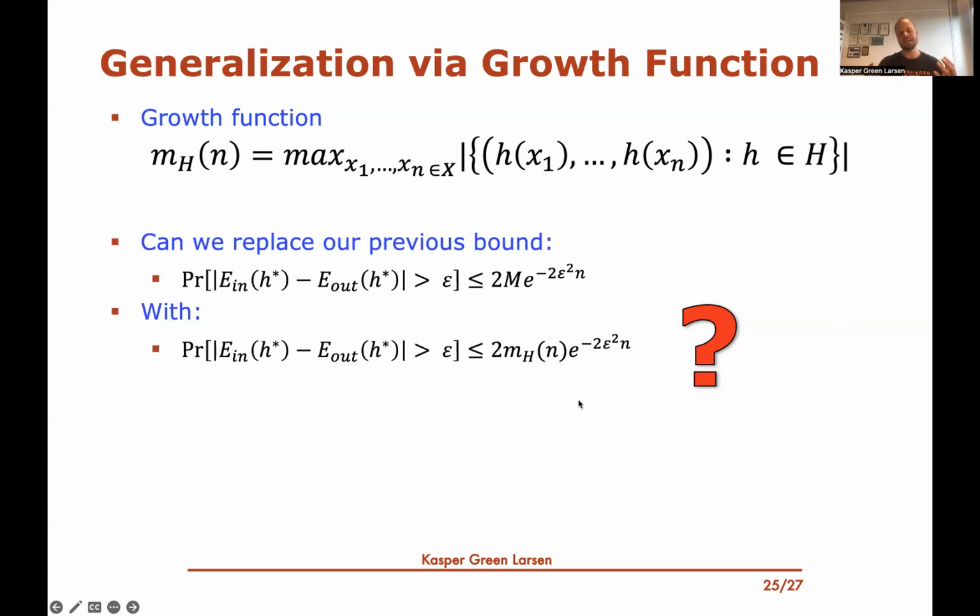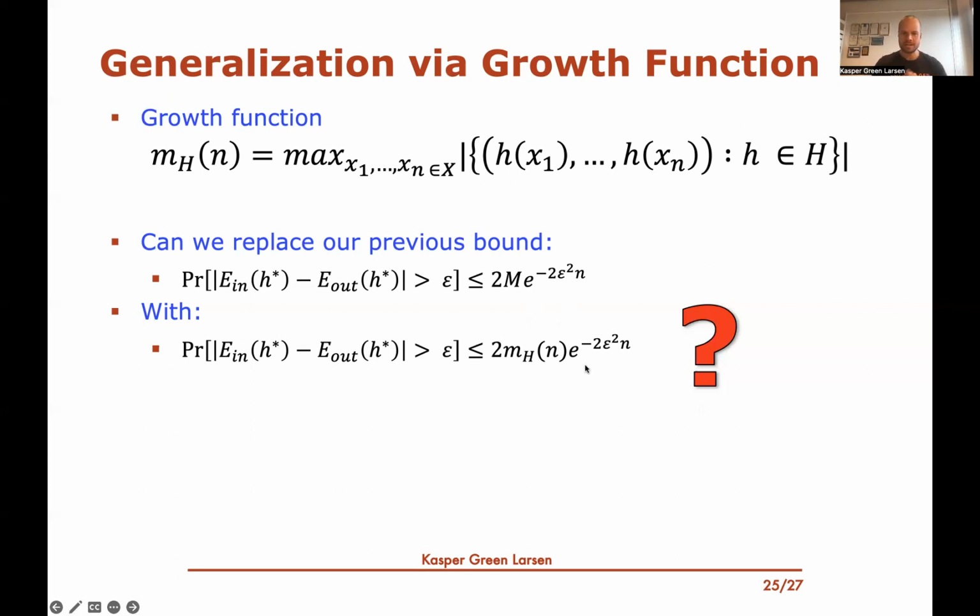And maybe in some sense it could make sense. You're saying, okay, my training example set has only n points. So in some sense, my hypothesis set can actually only generate this many distinct hypotheses, the growth function of n. So one could maybe believe that this could be a true statement.